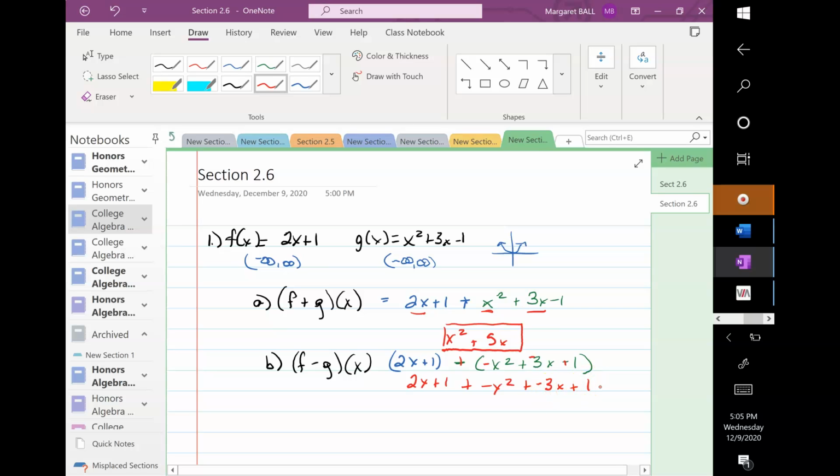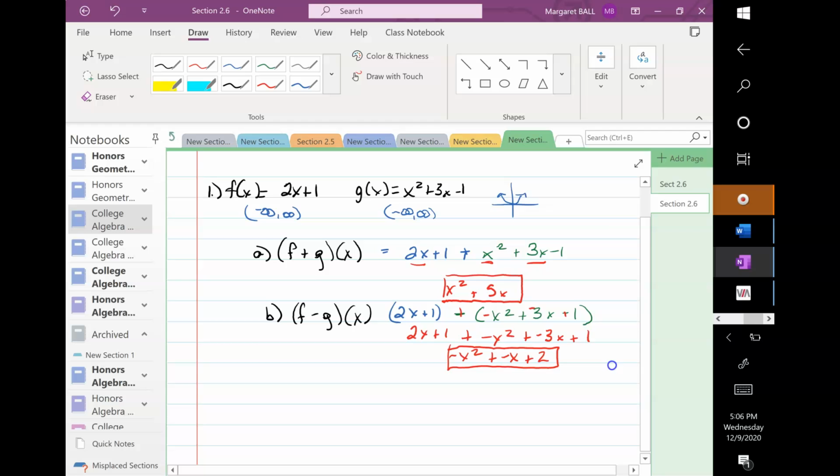And then you add your like terms. There's nothing to add to the negative x squared, so you start with that one because it's the biggest exponent. 2x plus negative 3x is negative x, and 1 plus 1 is 2. So your answer is negative x squared plus negative x plus 2.